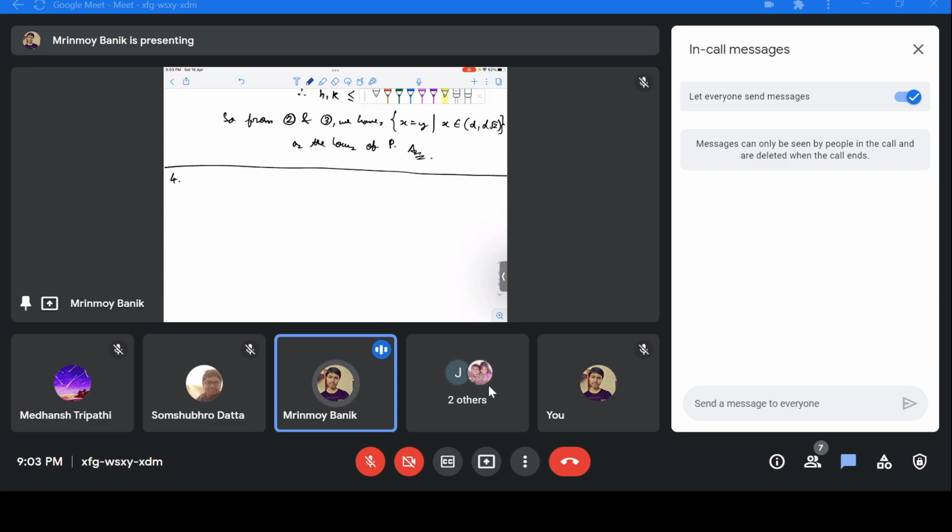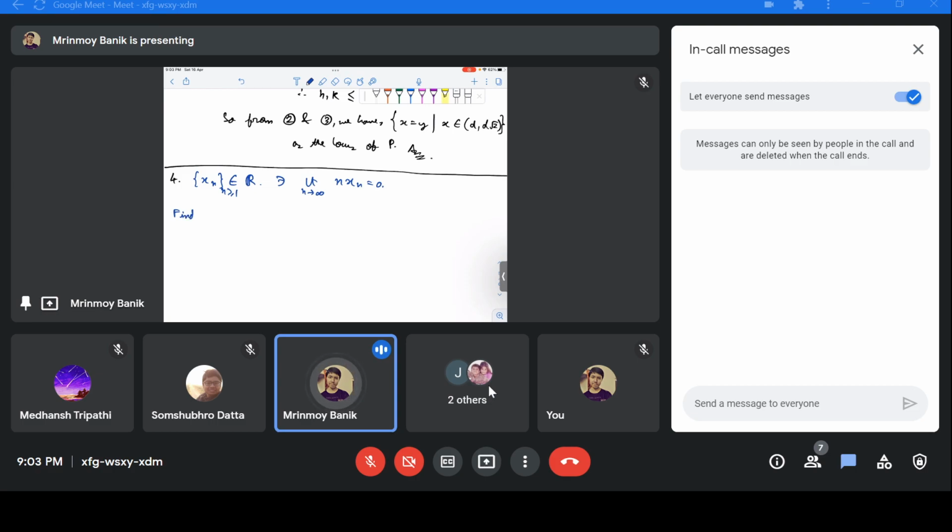Okay, this is a little difficult. So we have a real valued sequence in R such that the limit as n tends to infinity of n xn is 0.